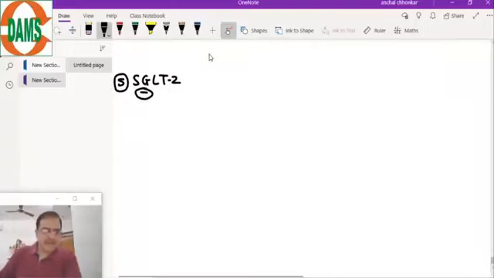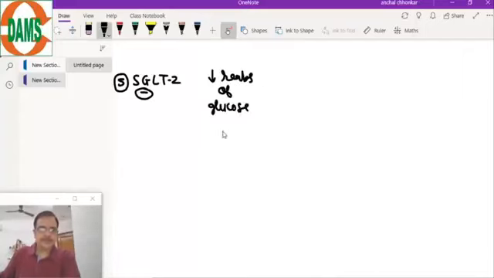Mechanism of action is they cause decreased reabsorption of glucose from the proximal tubule of the kidney.